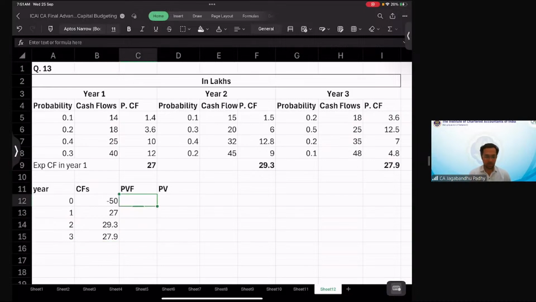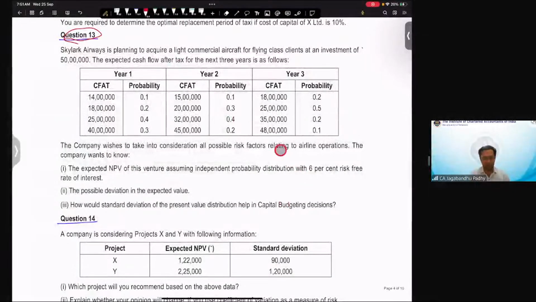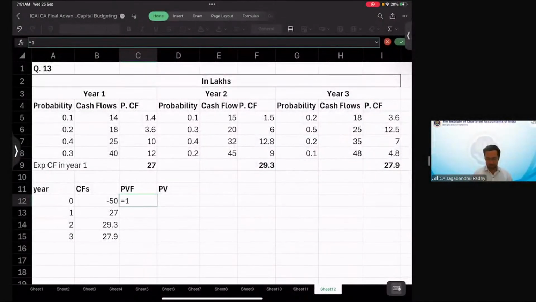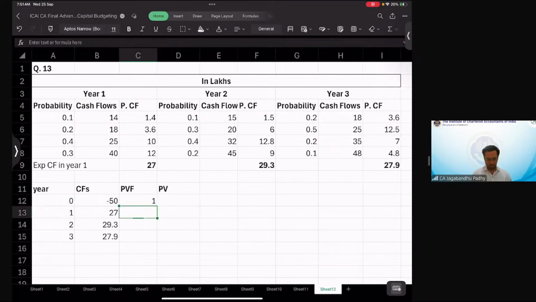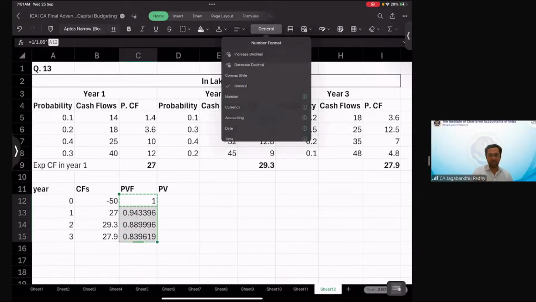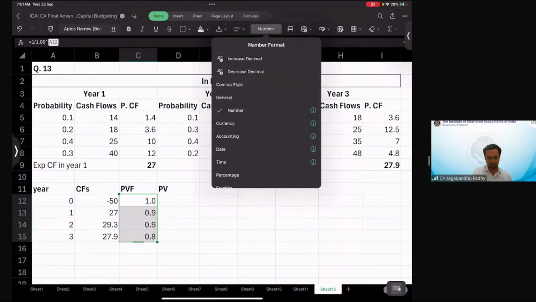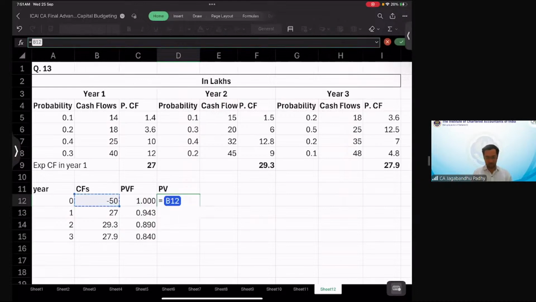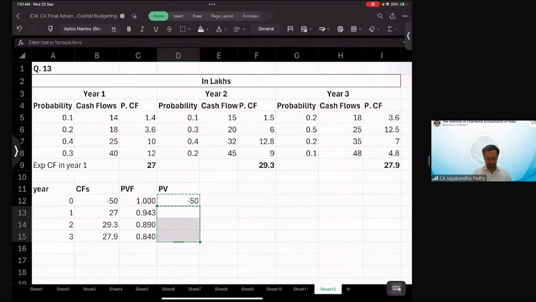Now, PV factor, the question asks us to calculate the NPV with a risk-free rate. So let's get the PV factors as 1 divided by 1.06 to the power of number of years. Right. So these are our present value factors. Then we have the PV as cash flow multiplied by present value factor.